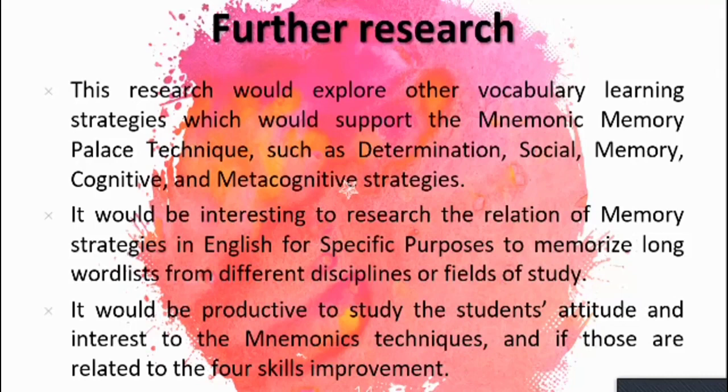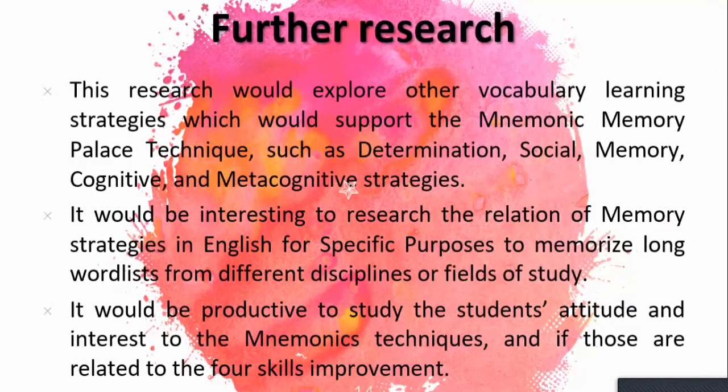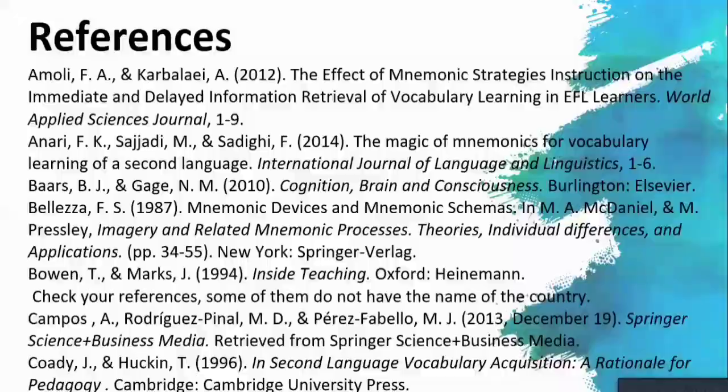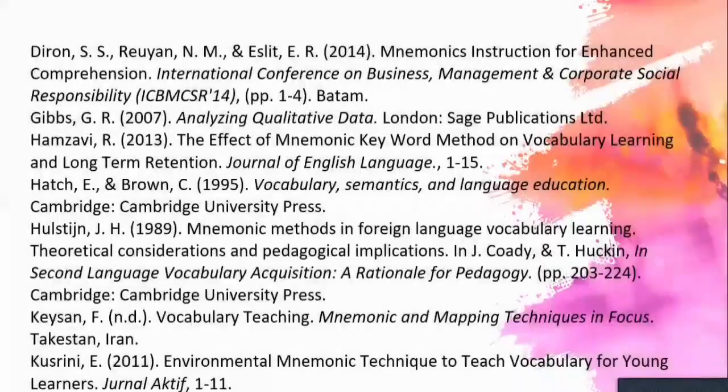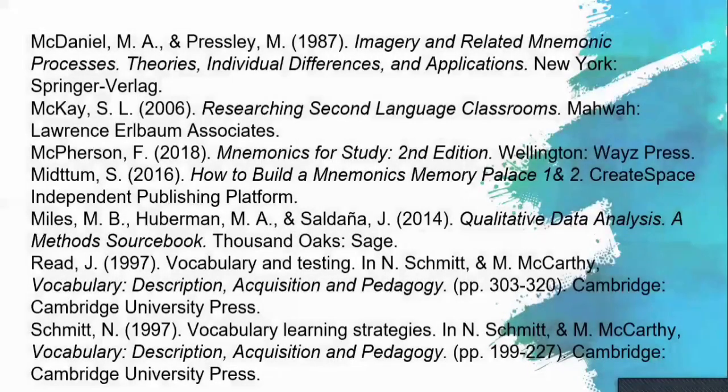It would be interesting to research the relation of memory strategies in English for specific purposes to memorize long word lists from different disciplines or fields of study. It would be productive to study the students' attitude and interest toward the mnemonic techniques, and if those are related to four skills improvement. Then we have the references that we used for this research that you can see.